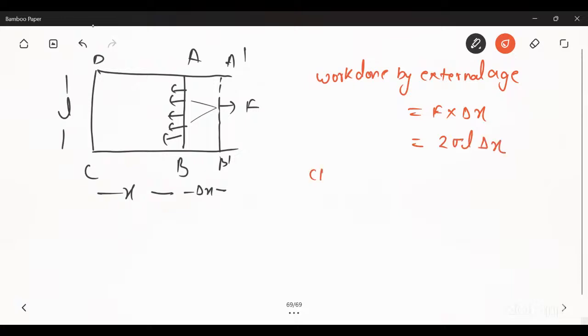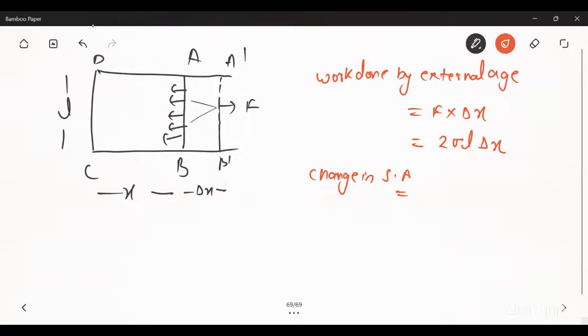Now the change in surface area. Both the initial and final surface areas are multiples of 2 because it has two surfaces. The change is the final surface area minus the initial surface area.